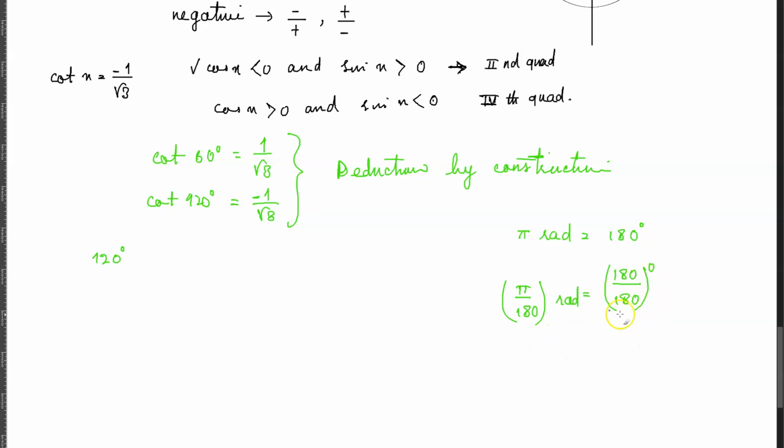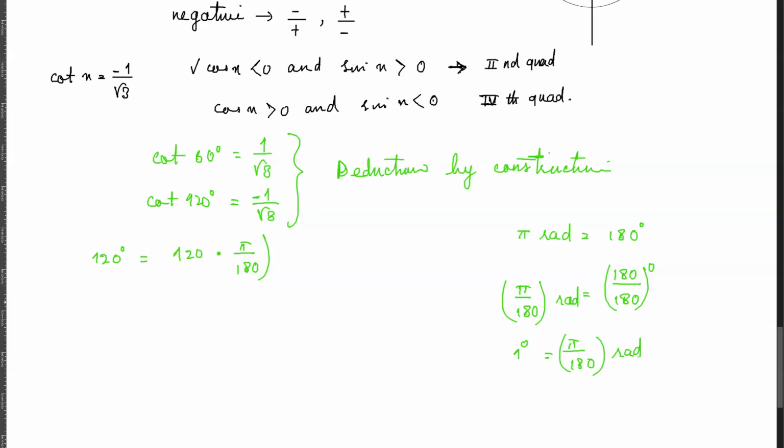Which means that 1 degree is equal to pi by 180 in radians. So if 1 degree is pi by 180 radians, then 120 degrees is 120 times pi by 180 in radians.